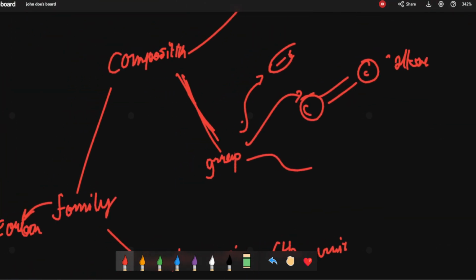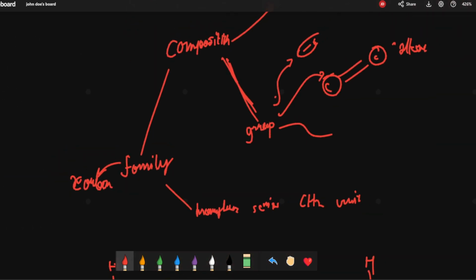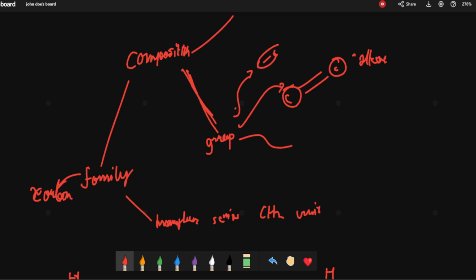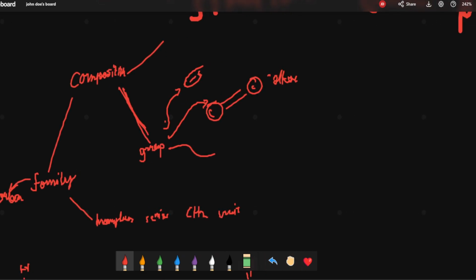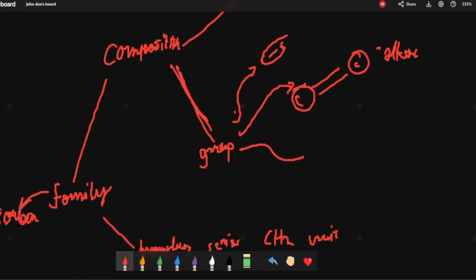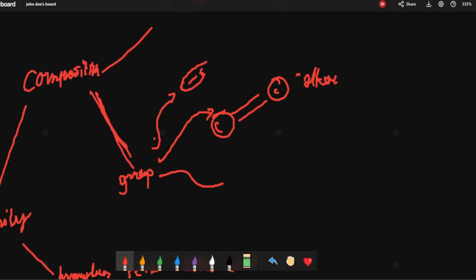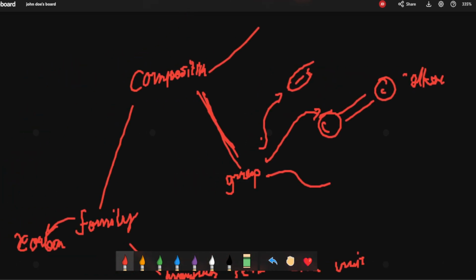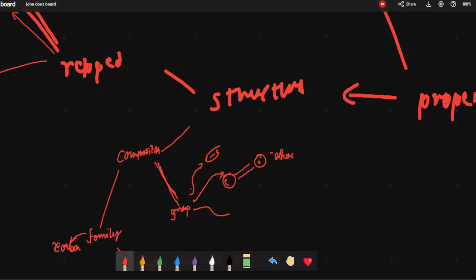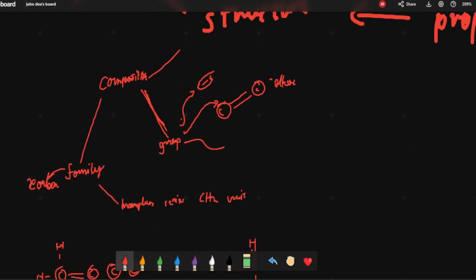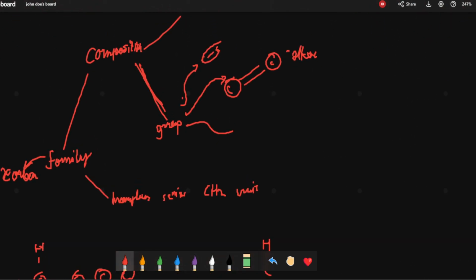And within a family, now alkanes are. Alright, so alkenes can be considered both a homologous family and a homologous series, which affects the composition, and a functional group which affects the chemical properties.